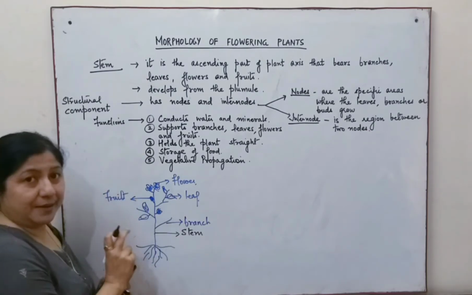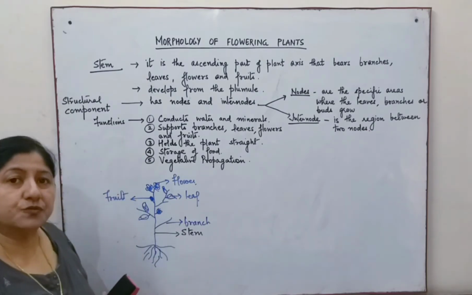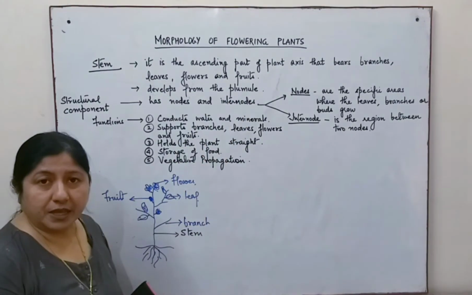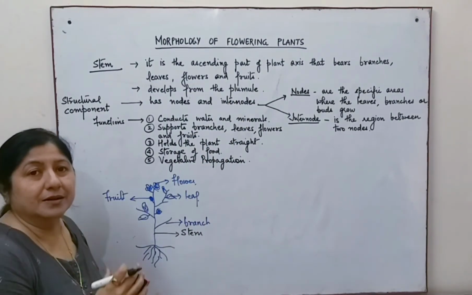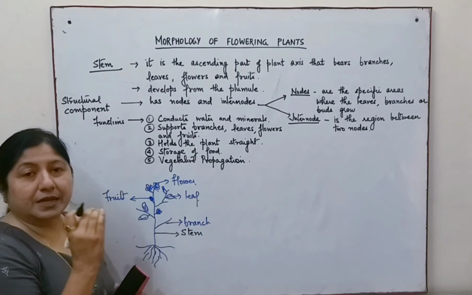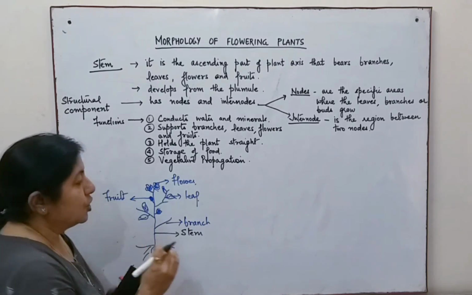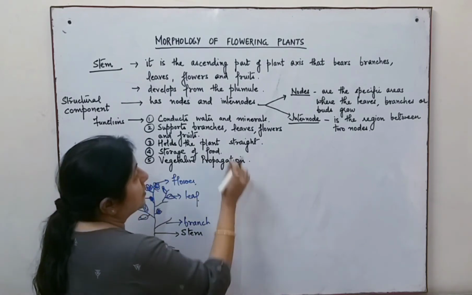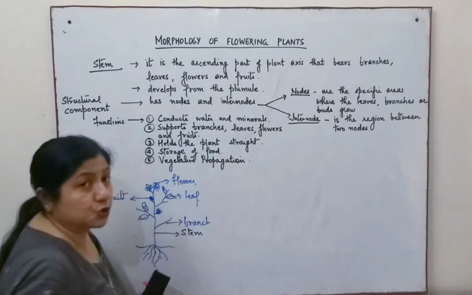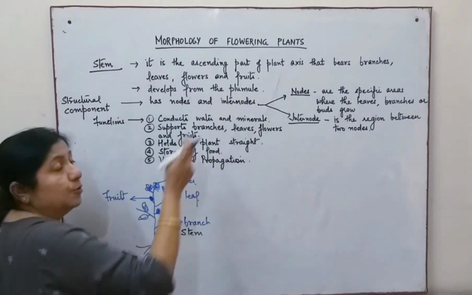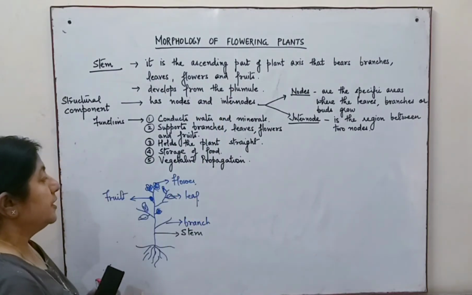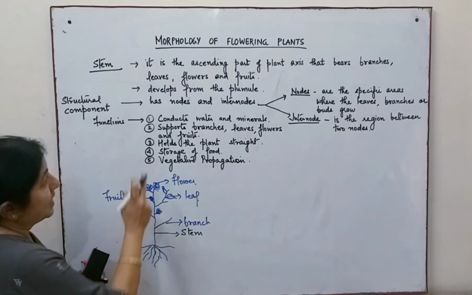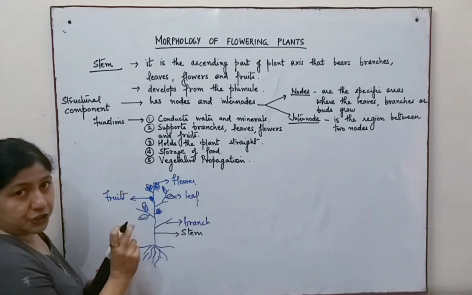And the stem is a structure that develops from the plumule, in the embryonic stage, that is, when the plant is still developing. The plumule is the structure that will grow into the shoot system.